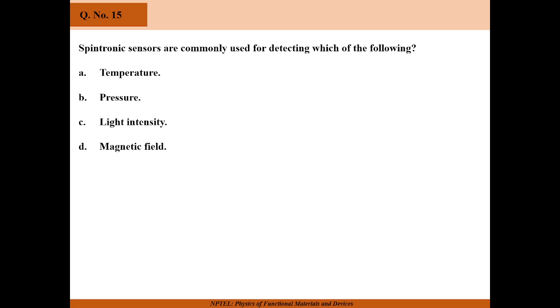It should be magnetic field. Yes, very easily. Basically, it senses the magnetic field.